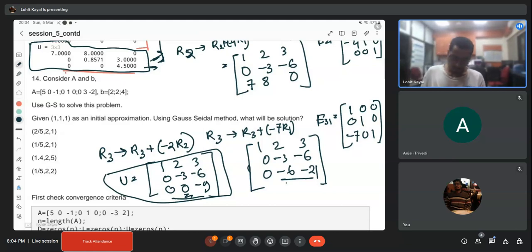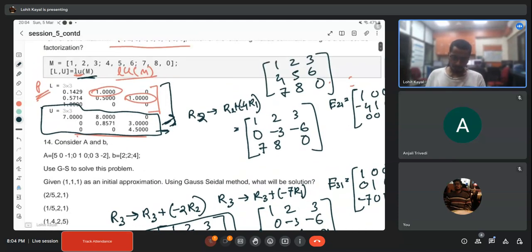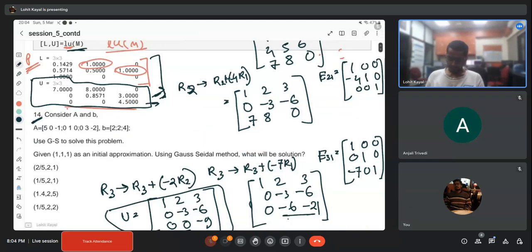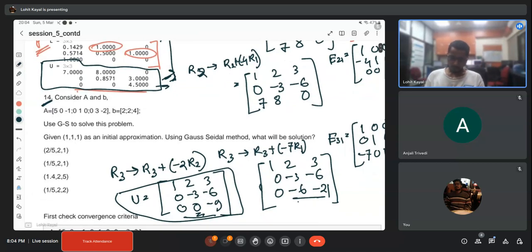Now let's go to the next problem. This is problem number 14. Here I have A and B. A is the governing matrix, which is multiplied with x, y, and z, and B is the right-hand side.